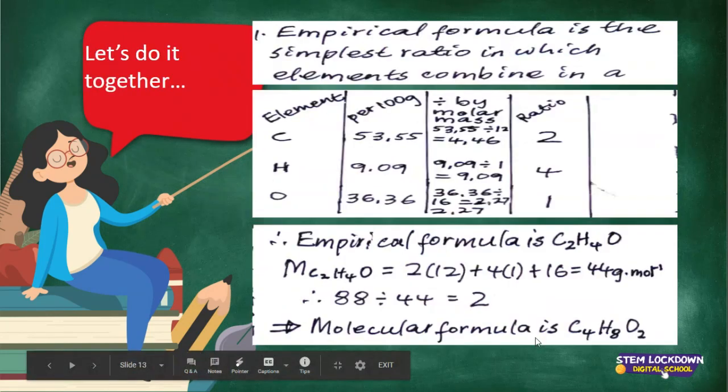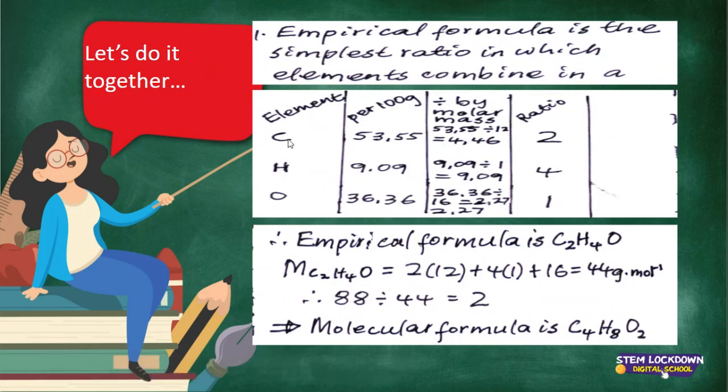So we know that the carbon content is 53.55, the hydrogen composition in terms of per 100 is 9.09, and the oxygen is 36.36. So we divide these by the molar masses.